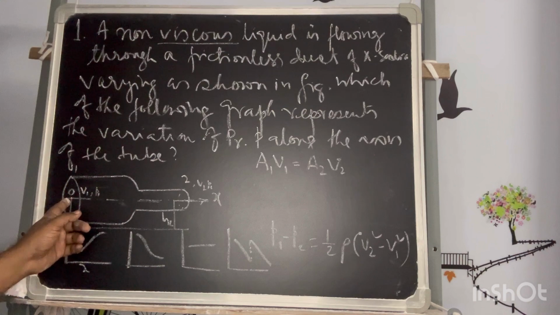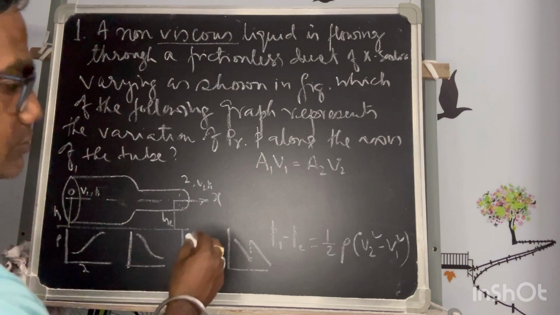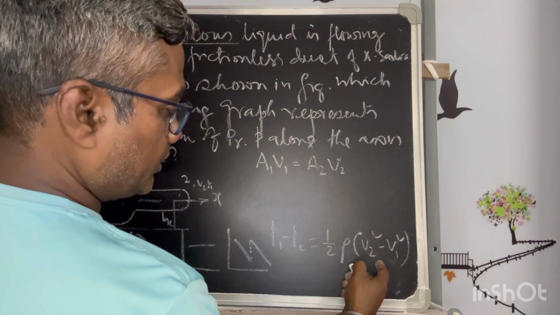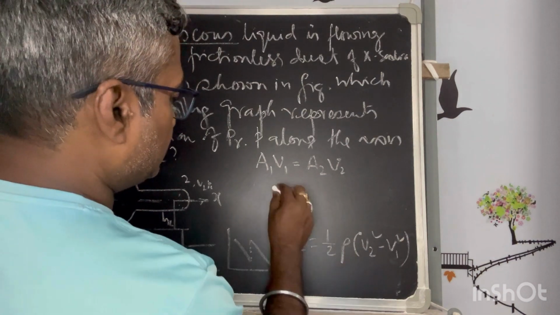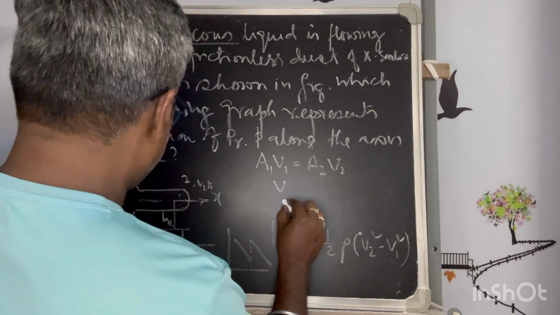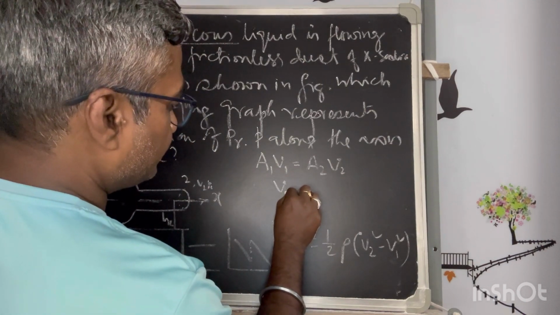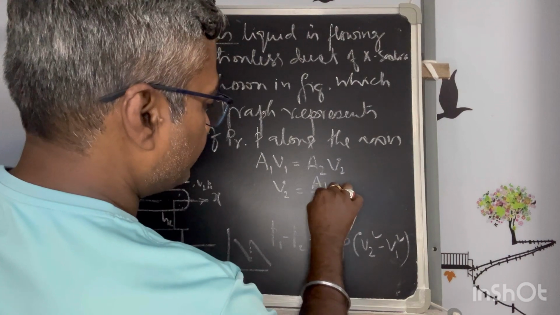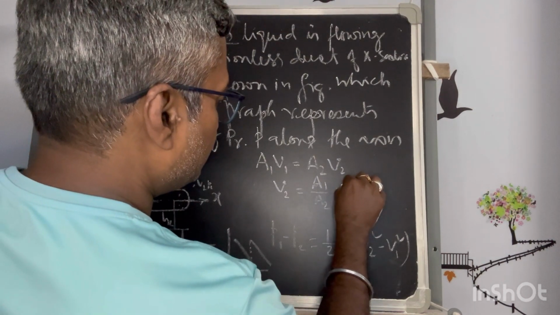Now V is velocity, so I can replace V2: V2 is equal to A1 by A2 into V1.